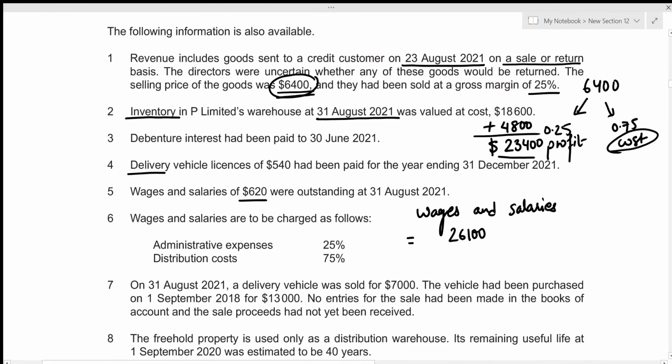This means that 620 were the expenses relating to wages and salaries of this particular year. And since we're talking about the income statement, we need to include all of our incomes and expenses relating to this particular year. So we will also be adding this amount of 620. Now this gives the total wages and salaries to be 26,720. Now out of this wages and salaries, 25% must be recorded under the administrative expenses.